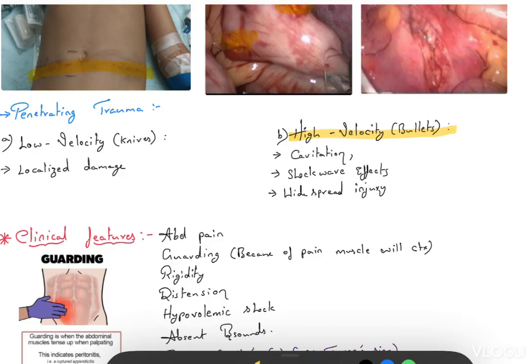Now pathology. In pathology we classify based on mechanism, which we already discussed: blunt and penetrating trauma. By organ, we can differentiate solid organ injury, hollow viscus injury, vascular injury, or retroperitoneal injury.